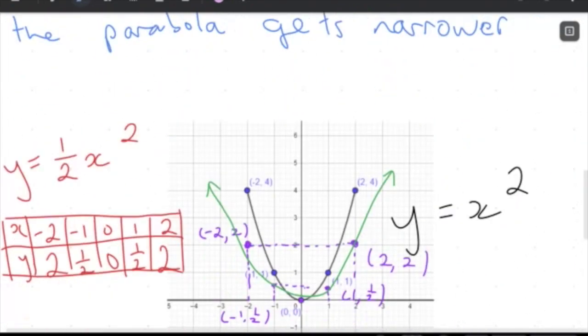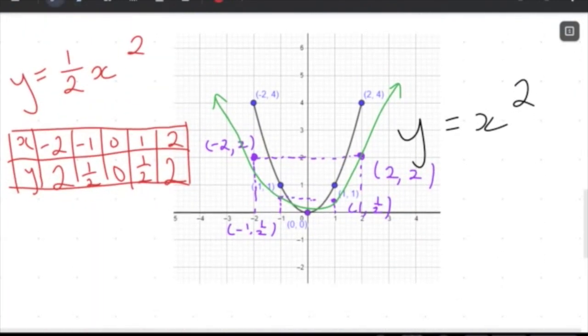We get that common point. When x equals 1, my y of my original parabola is going to be 1, and my y of my dilated one is scaled by a half once again, because half is a half of 1. And the same thing over here. We have 4, we have 2. 2 is half of 4.